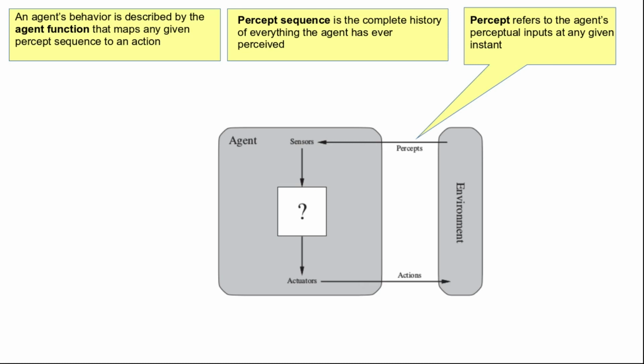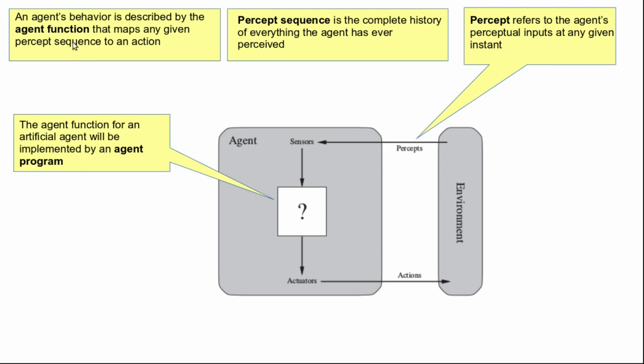So if we see a right turn there, I have to apply the brake. That would be the action, applying the brake, and the fact that we have to apply the brake is specified by the agent function. So given a percept sequence, what action needs to be performed is specified by an agent function.